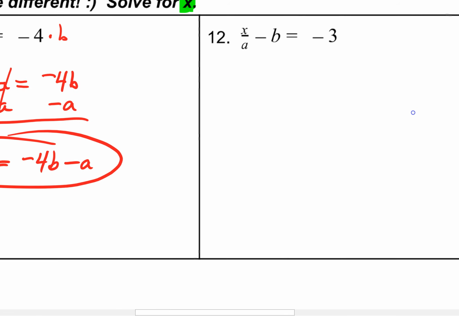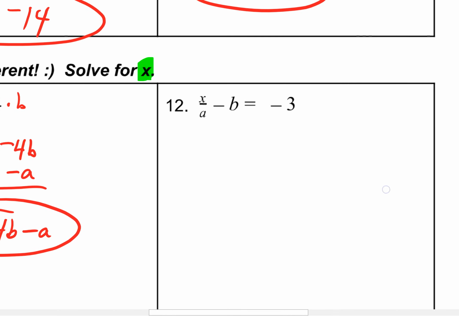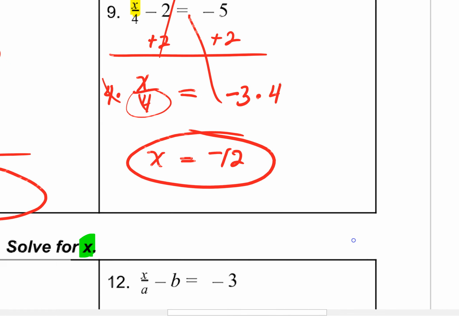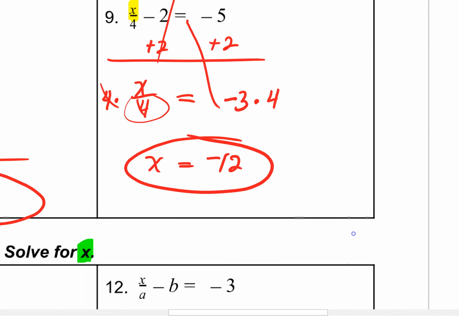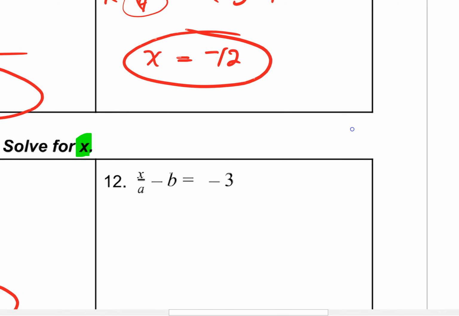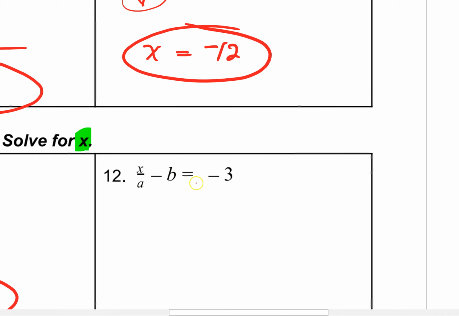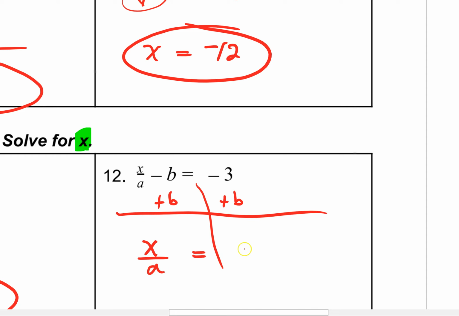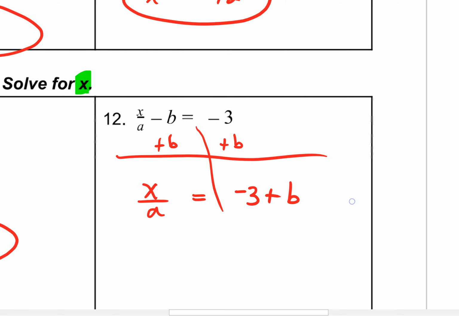Let's real quickly take a look at number 12 here. Very, very comparable to what we see with number 9, isn't it? The very last thing you would have written on this left-hand side would be that minus b. So let's undo that minus b and add a b. And we don't know what negative 3 plus b is. We could just write it that way. But remember, our goal is to get x alone.